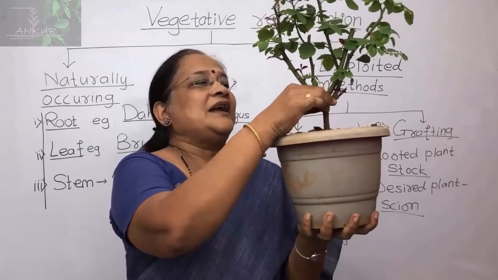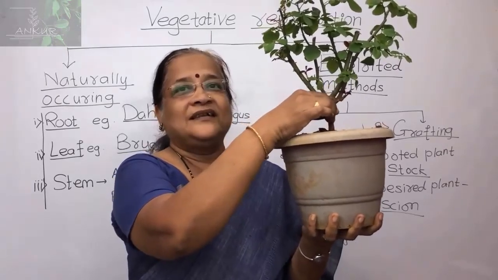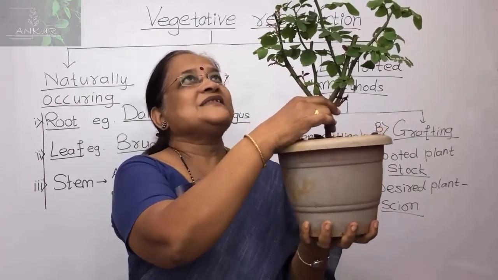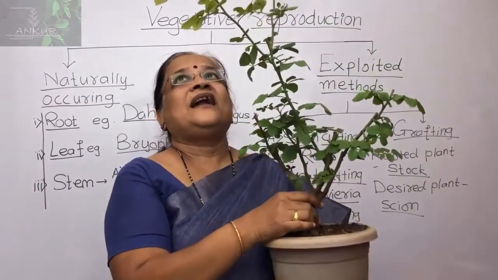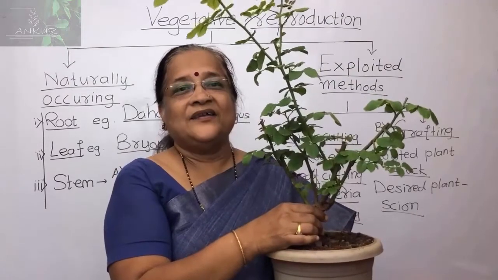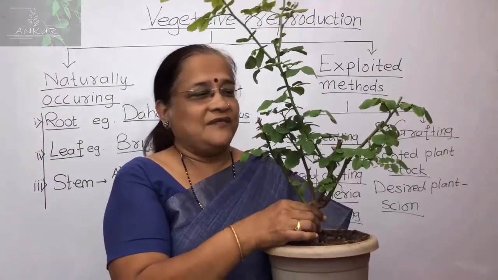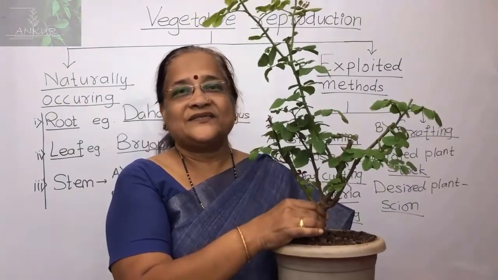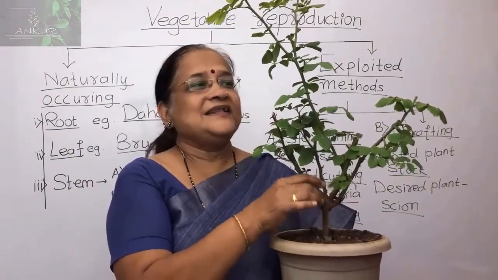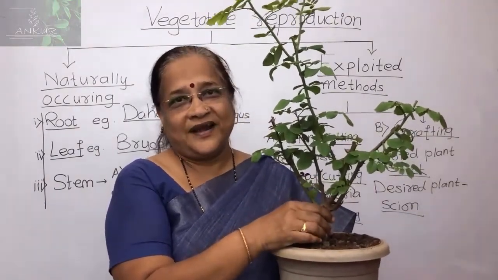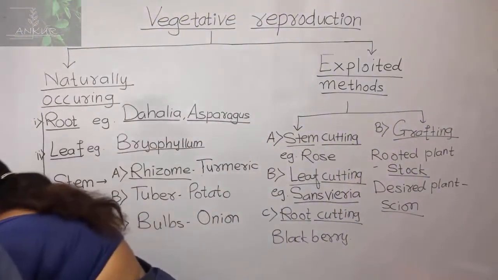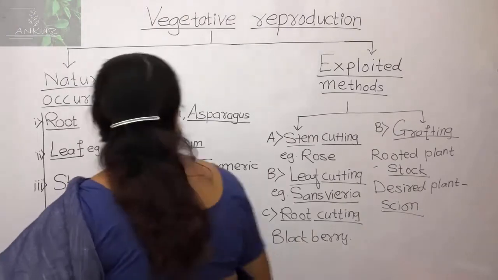On that we have grafted another plant's bud, another rose variety, which is the desirable one, having good-looking flowers, and these two characters we are going to mix by using the grafting method.